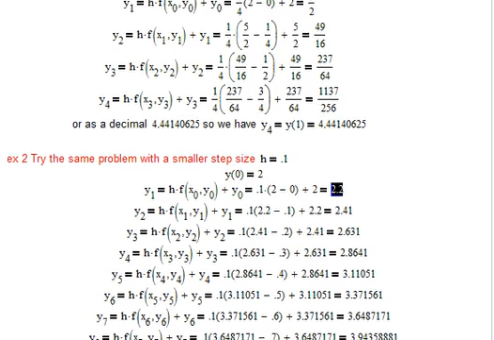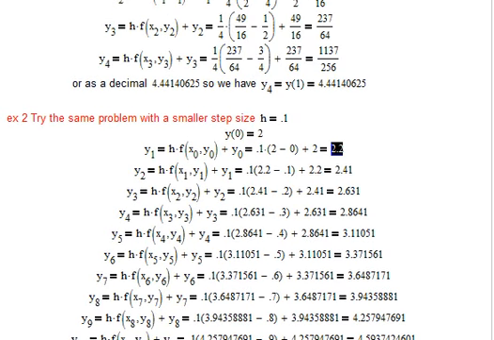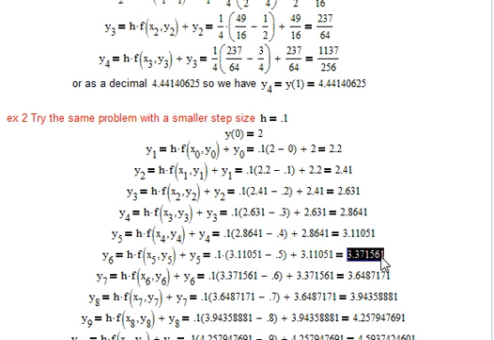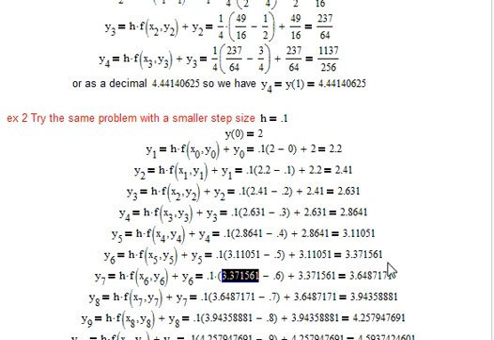And you can see, I took the time and trouble to do this, but I think you can see what happens. For instance, y7 is 1/10 times f of x6, y6, this being x6, that being y6, and x sub 6 would be 0.6.